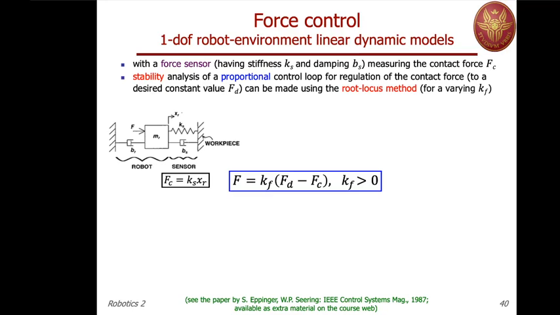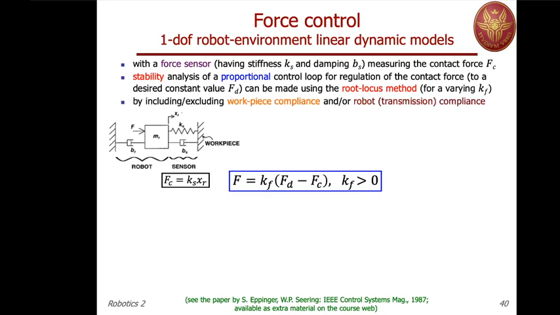There are very simple rules to draw qualitatively the behavior of this situation. Now, with this model, you never get instability, no matter how large you choose the positive gain Kf, which is not what happens in practice when you're trying to control forces by increasing the gain of the control loop.